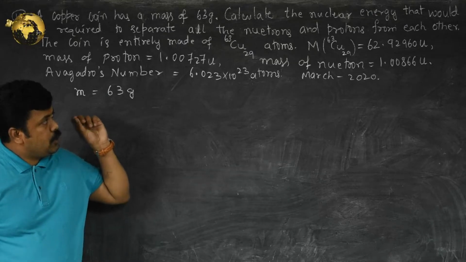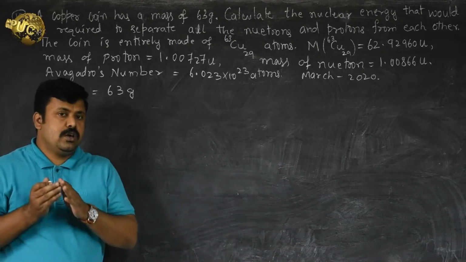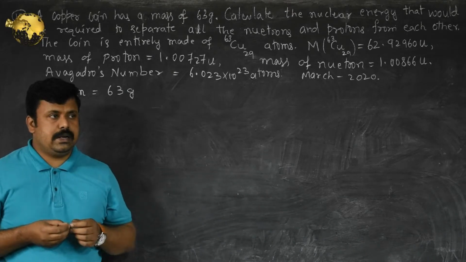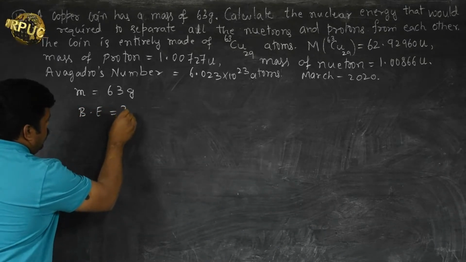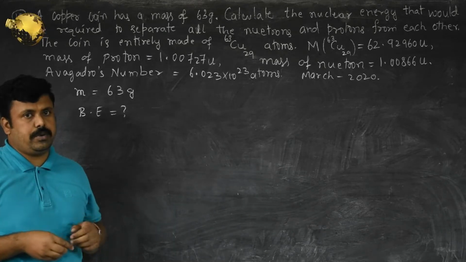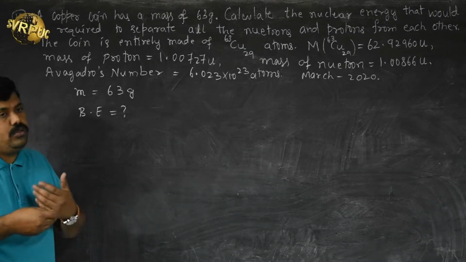The nuclear energy required to separate all the neutrons and protons is nothing but the binding energy. So we need to calculate the binding energy. Binding energy is defined as the amount of energy required to separate all the neutrons and protons, or nucleons.